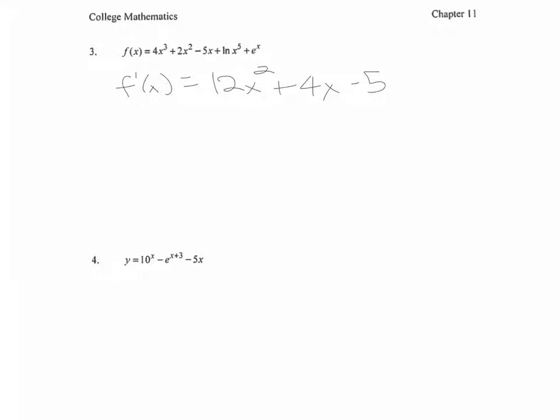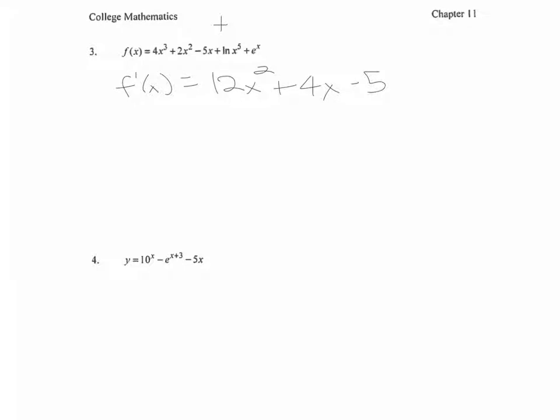Now, can you differentiate the natural log of x to the 5th? Here's where you better be careful. I cannot differentiate it until I first rewrite it. Do you remember what I told you you can do with that exponent if you're taking the natural log of something raised to a power? What did we just discuss a minute ago?